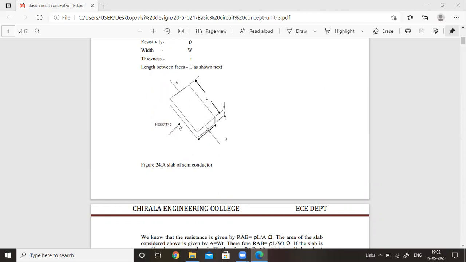The area here depends on width into thickness. Here the width into thickness is nothing but the area of the slab, where rho is the resistivity of the material. And remember, the resistivity of the material depends upon the amount of impurity material added to this slab. That is the main thing.